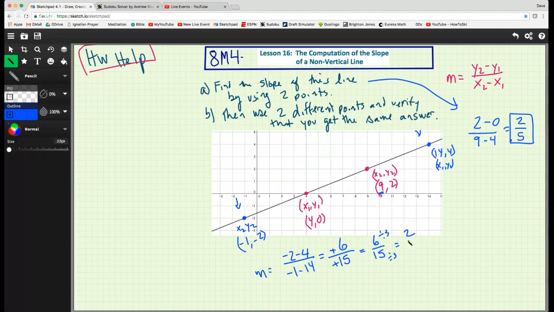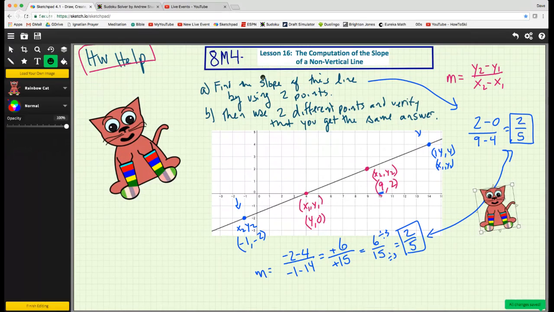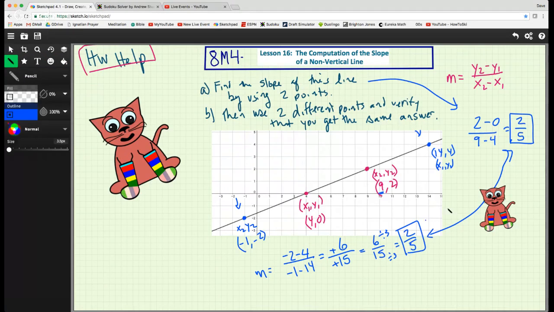And I get 2 over 5. Cool. I expected to get the same slope, and I did. So we are going to give ourselves a giant happy cat for getting the same answer and answering A and B correctly. Awesome.